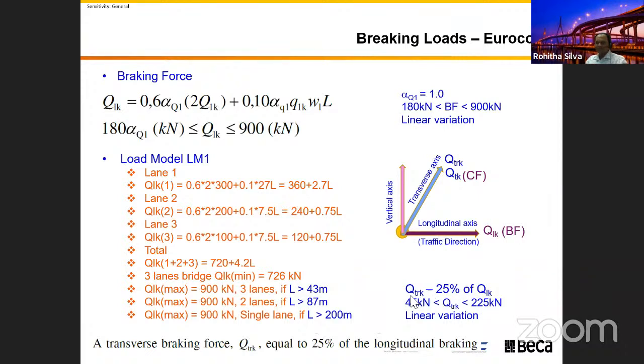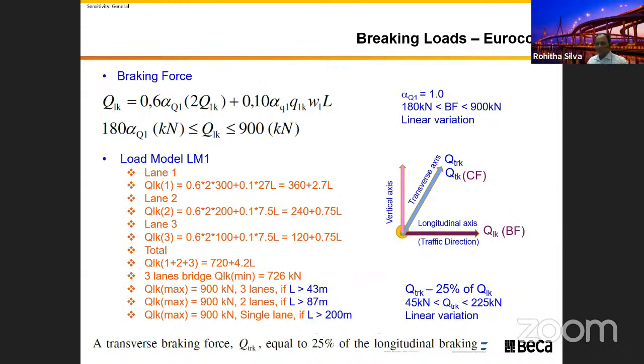But for your understanding, I put that 25% of the braking load as a skid load in the transverse direction, because 180 to 900 is very easy for you to calculate. The variation is between 45 and 225, but normally we design bridges for that one, even for a straight bridge; we still design for a lateral restraint of 500 kilonewton.